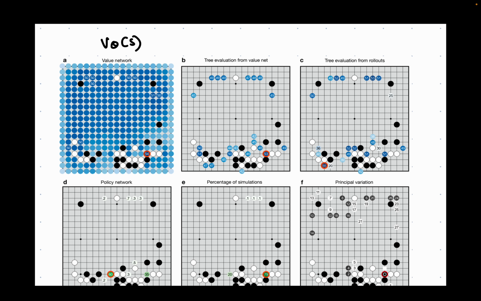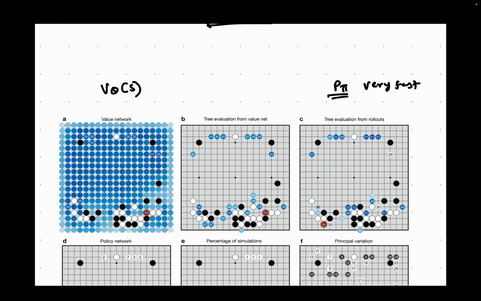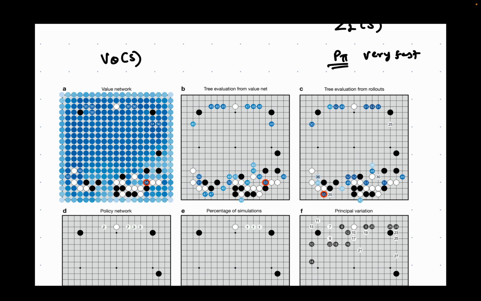Now what it does is it takes the policy p pi and rolls out all the possibilities for every move down the tree. So this is your rollout policy. Remember, this is very fast. And what the rollout evaluation then tells you, which is basically the z_L of this state S, is that it is this move which won the most when the rollout policy was being used.